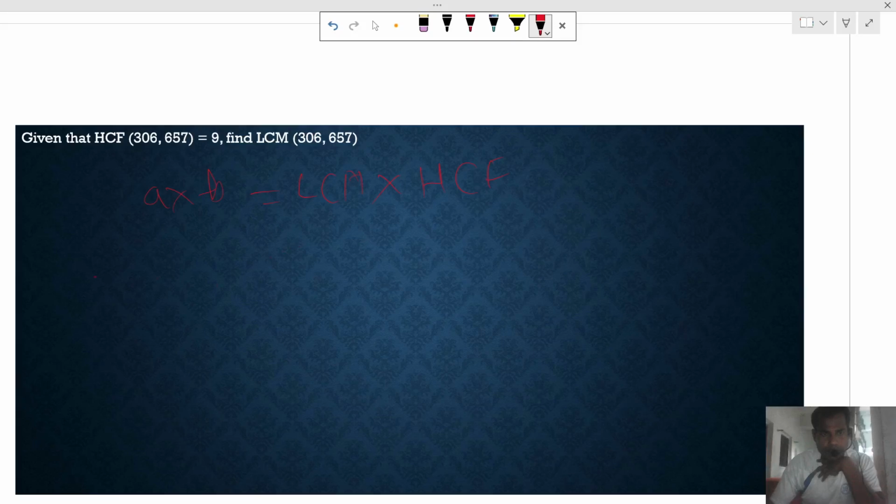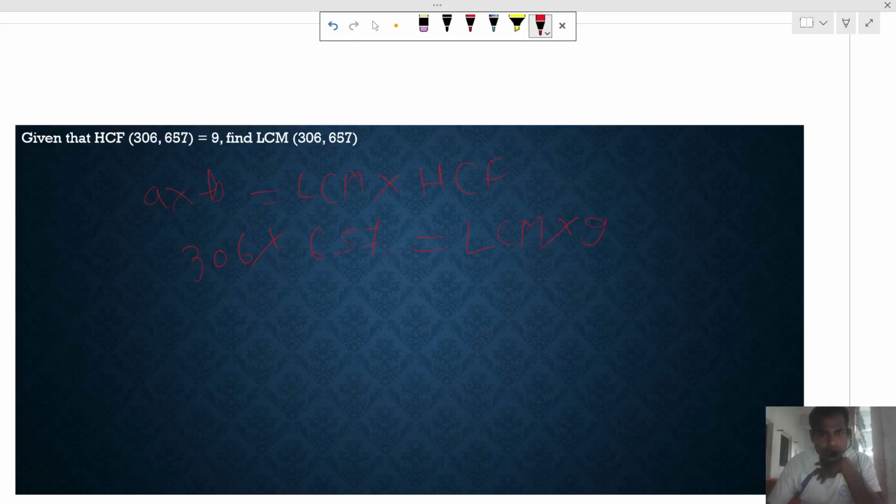The numbers given are 306 into 657, is equal to LCM, which we must find, into HCF, which is 9.